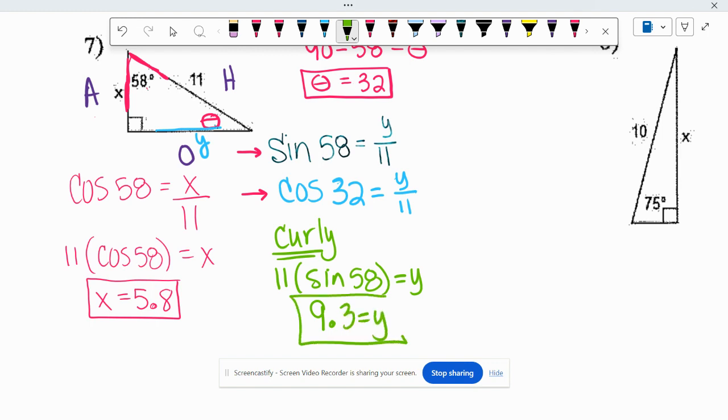Okay. Straight hair, you ready, Jaden? No? Okay. Jack, you got it? So straight hair is going to be 11 times the cosine of 32. Put it in your calculator, Jack. 11 times the cosine of 32.